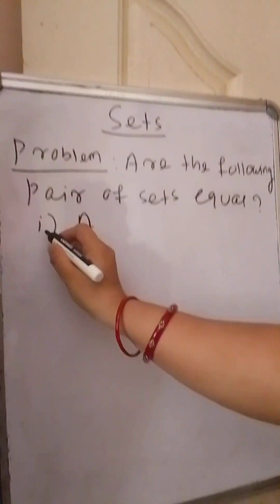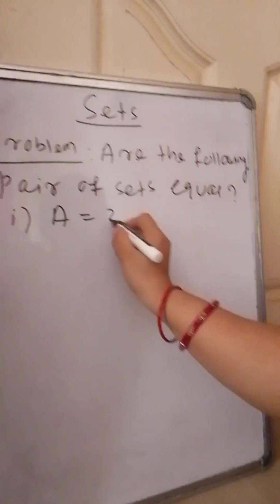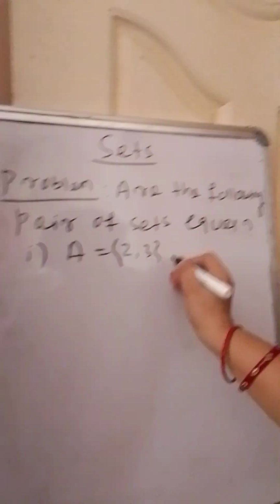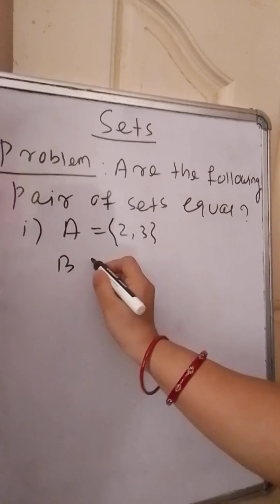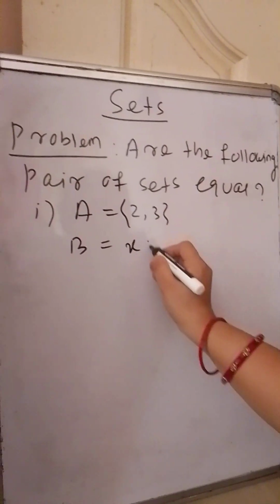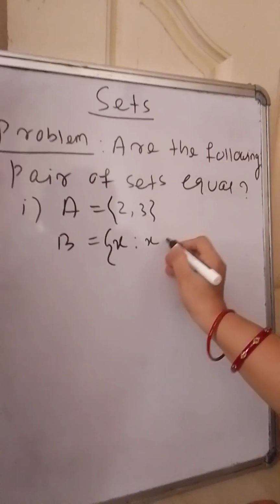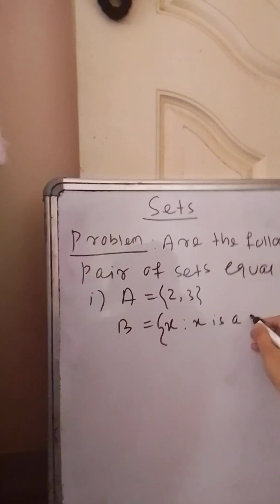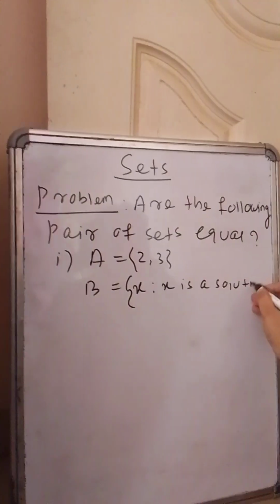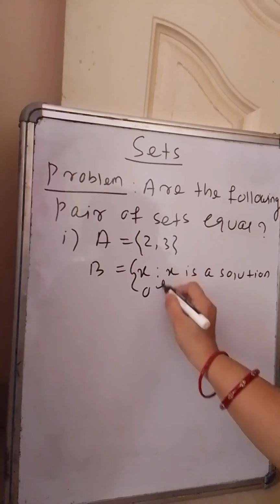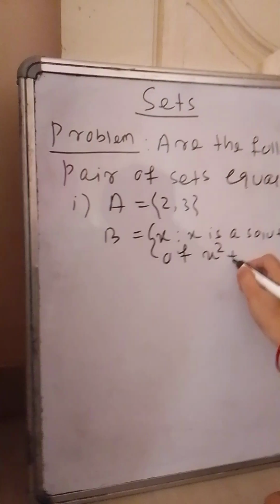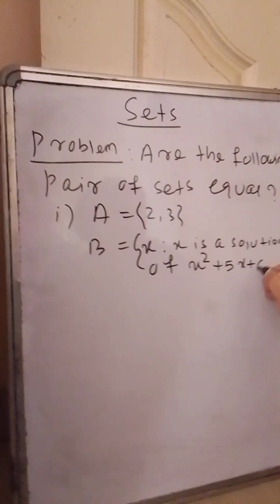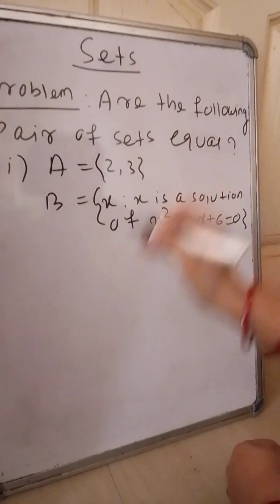First question: set A is given having the elements 2, 3. Set B is given as the elements x such that x is a solution of the equation x square plus 5x plus 6 equal to 0.